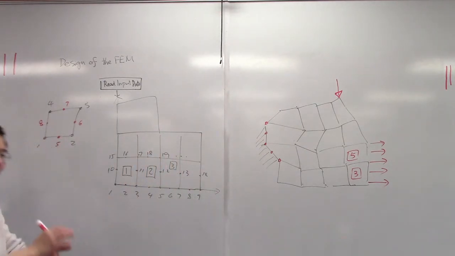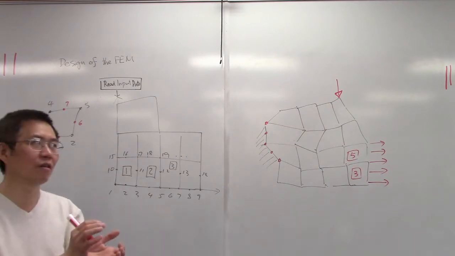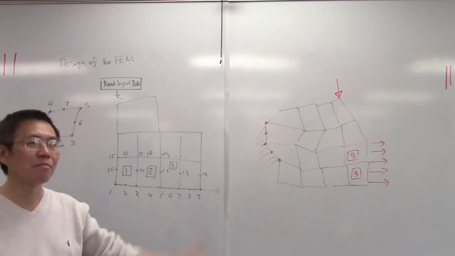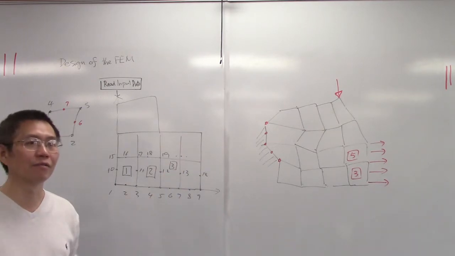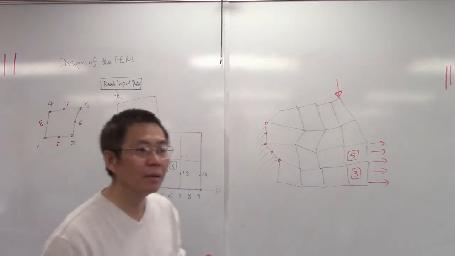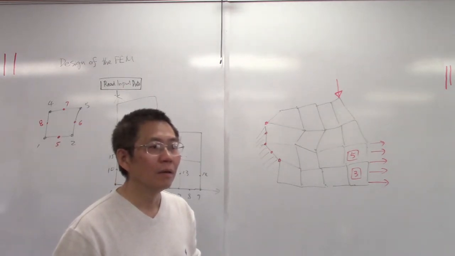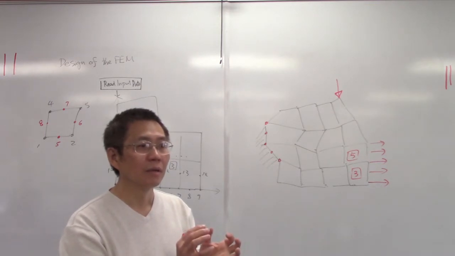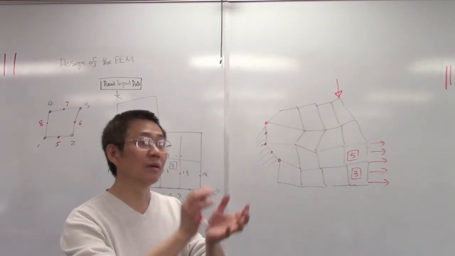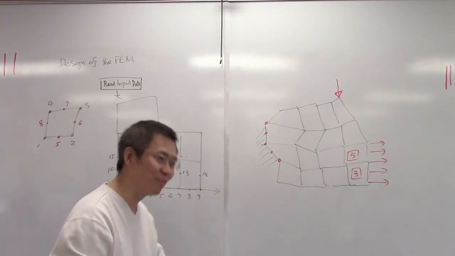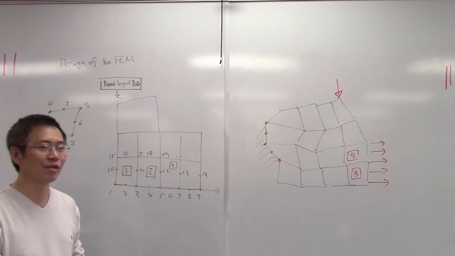Once we know how to calculate the stiffness matrix of a generic I, we loop through I from 0 up to n-1 element. We are done with all the element stiffness matrices. What is the next logical step? We assemble to obtain a big global matrix, right? So that's the next step. Assemble the global stiffness matrix.